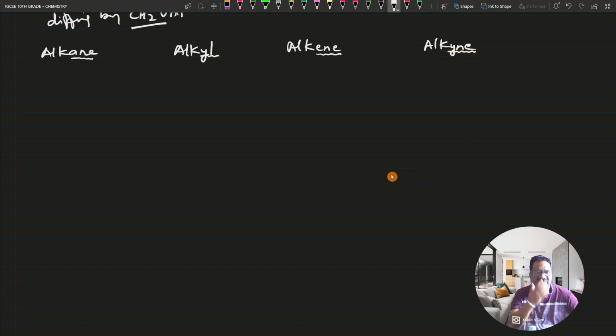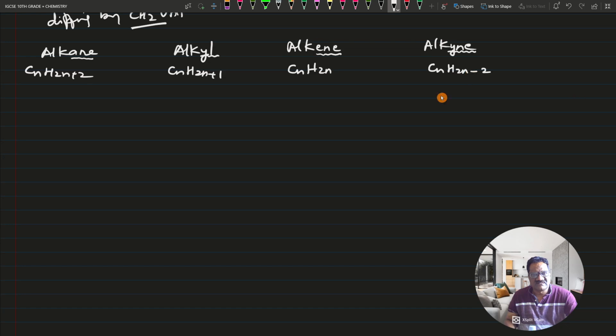Now, here the general formula is CnH2n plus 2. Here the general formula is CnH2n plus 1. Here the general formula is CnH2n. Now you will come to know all this very soon. And here the general formula is CnH2n minus 2. These are the general formulas.